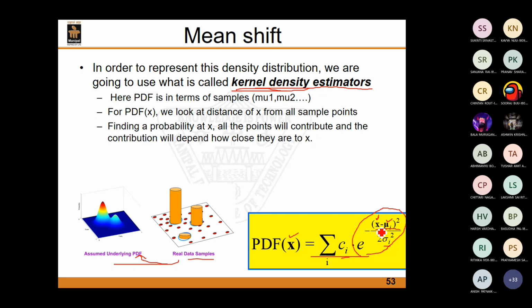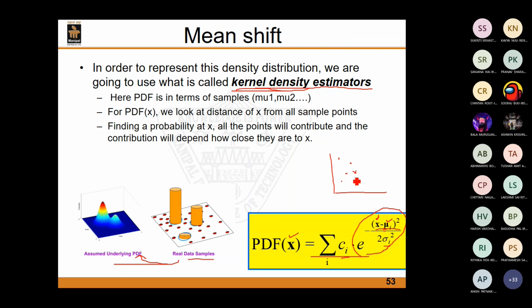Here, the neighboring points which are nearest to the point x that we are considering will contribute more towards the point as compared to the rest. For example, let's say this is the point x that we are considering, and you have some points near to this, and some other points which are further away.